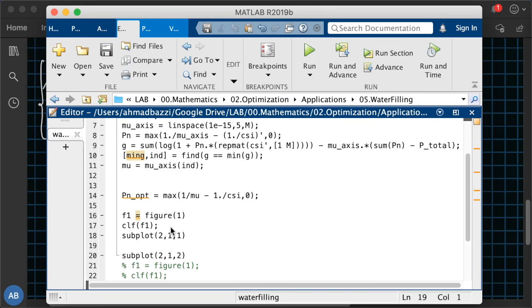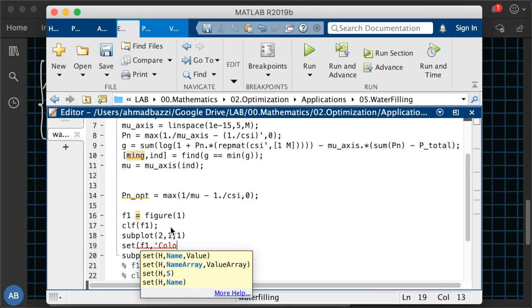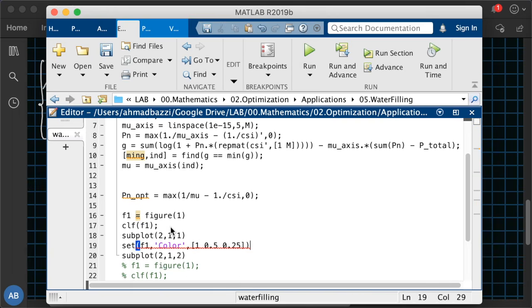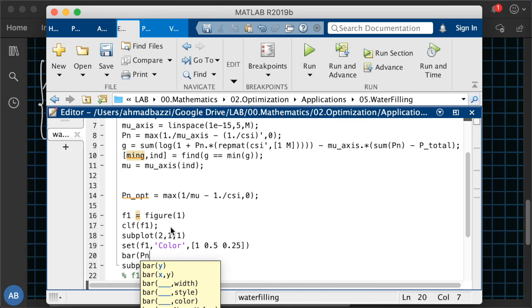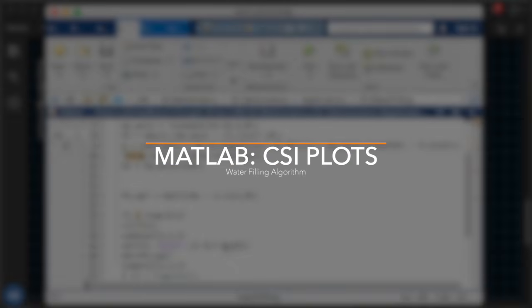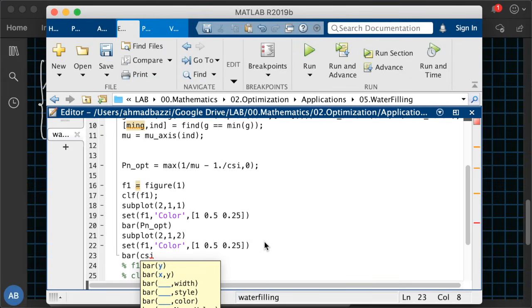where in the first subplot I'm going to have the following color. So this, and a bar plot would be best here. And on the second subplot, we'll plot the CSI as such.